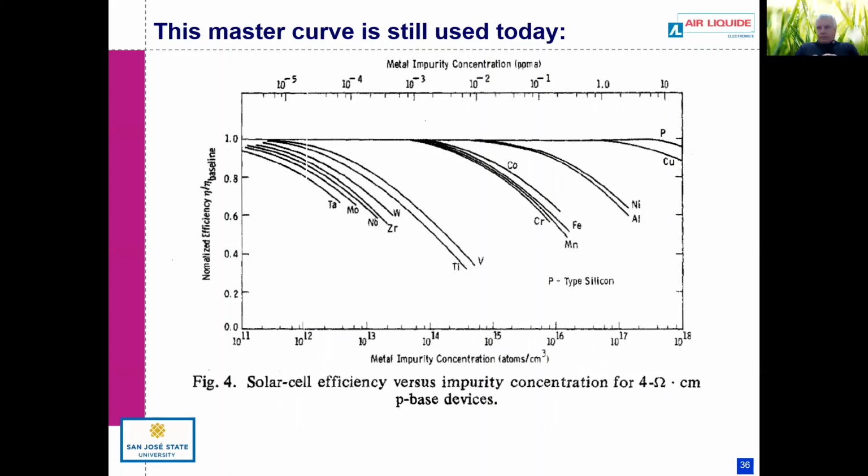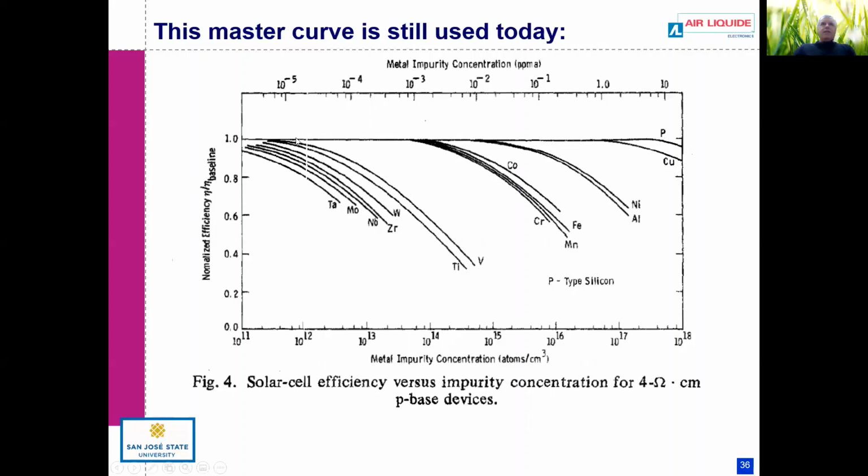So there are poisons for silicon, and obviously phosphorus would be a poison, because that's an N dopant, right? And then you've got all these different metals that can dope or cause defects or otherwise spoil the photovoltaic efficiency, right?